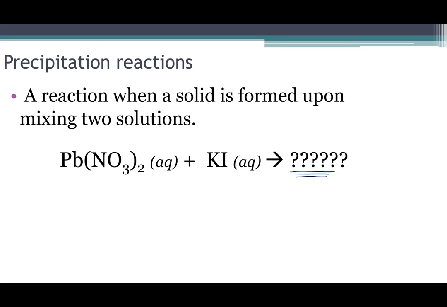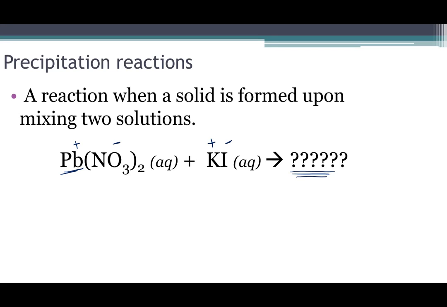For precipitation reactions, they're sometimes called double replacement. So what happens in precipitation reactions is these two ionic compounds just flippity-flop partners, right? So lead is a positively charged ion. Nitrate, negatively charged ion. Potassium is a positively charged ion. Iodine is a negatively charged ion.